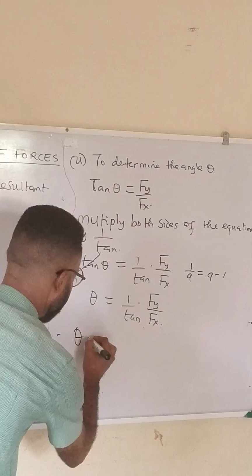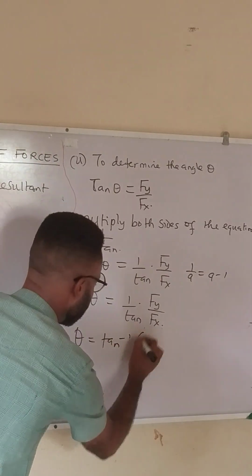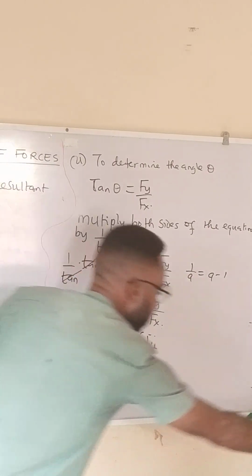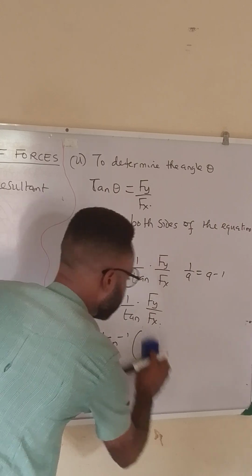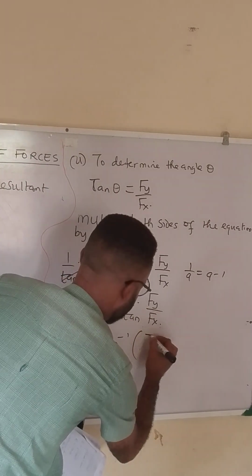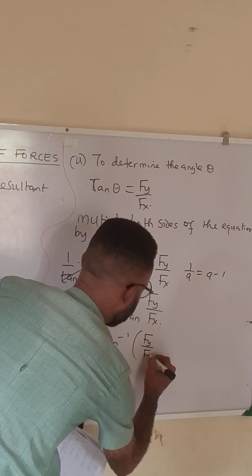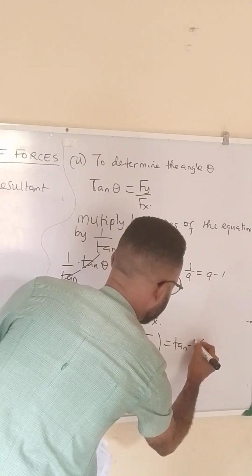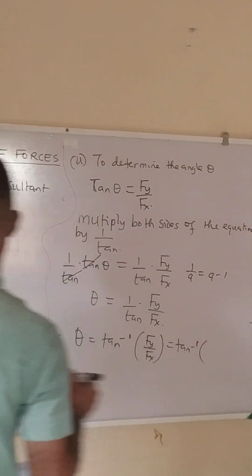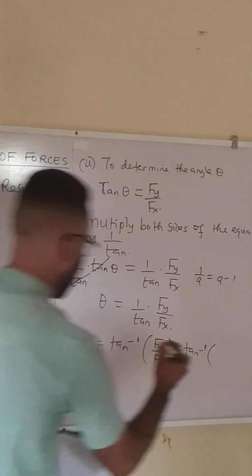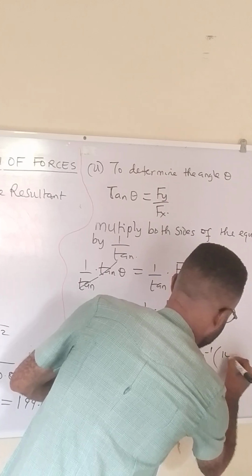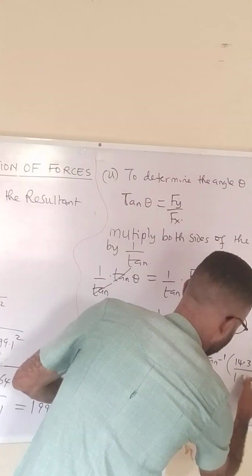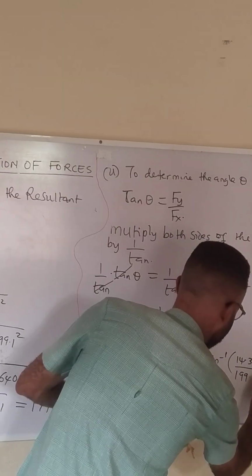So we have theta equal to tan inverse of Fy over Fx, which is equal to tan inverse of what is our Fy? Fy is 14.3 divided by Fx, which is 199.1.